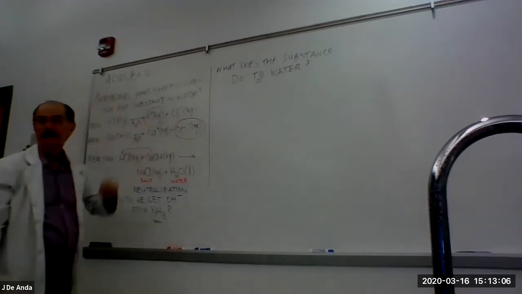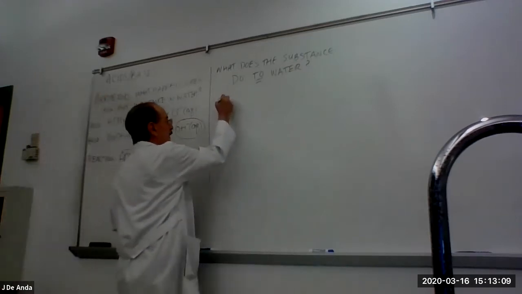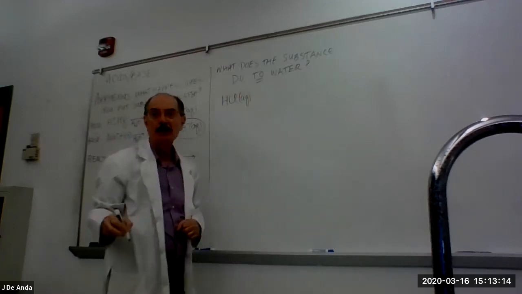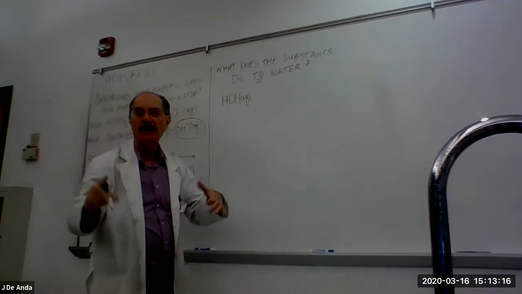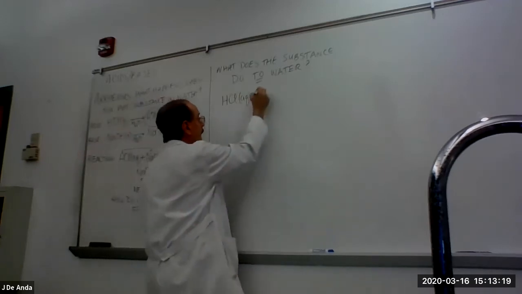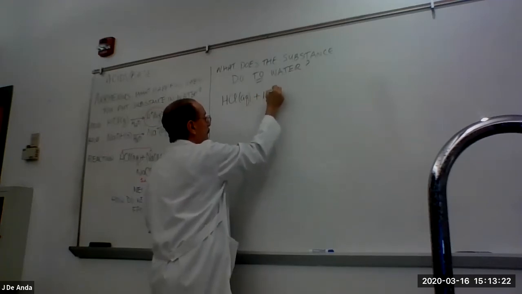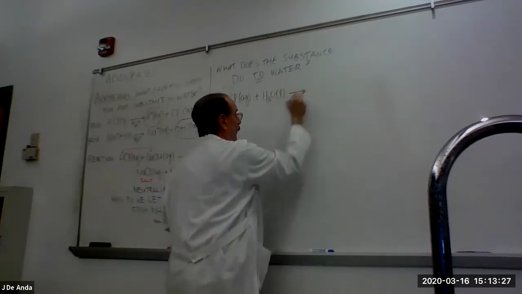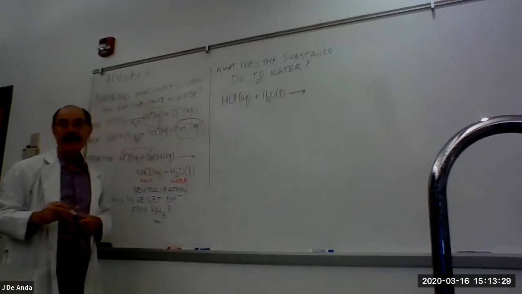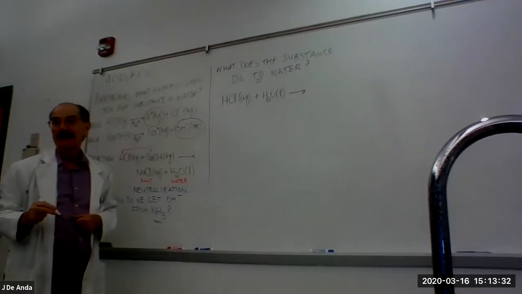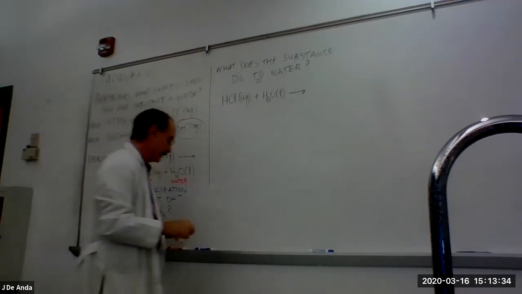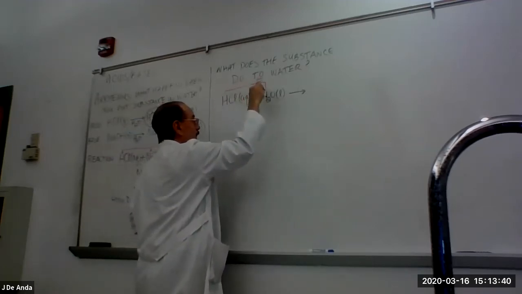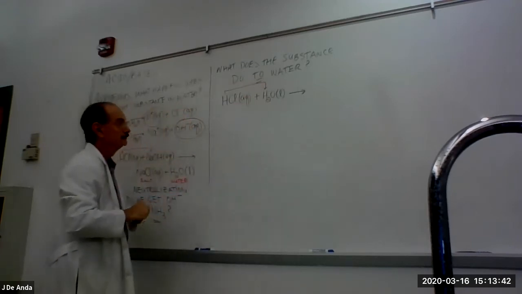So let's consider HCl. And let's say that we already have HCl in solution, and we're not going to consider what it does to water. So we're going to bring water up as if it were a reactant. And what does happen? Well, what HCl is actually doing is transferring a hydrogen to the water molecule.